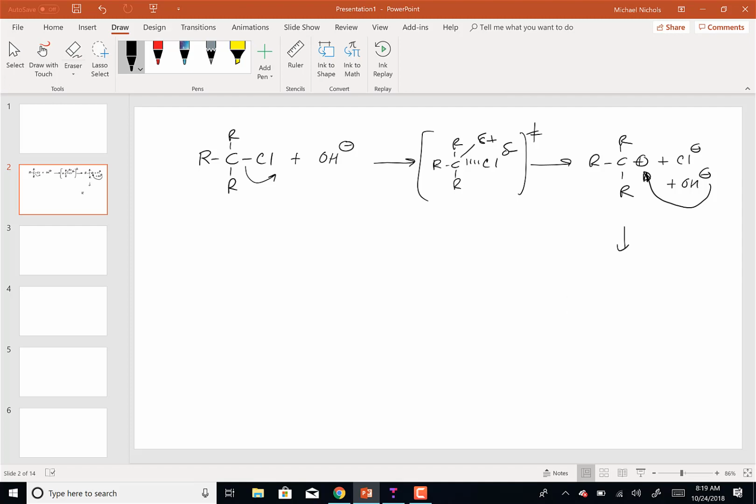I'm going to leave space for a transition state here. So my final product is going to have my tertiary carbon and then my OH. Can you write the transition state for this reaction?